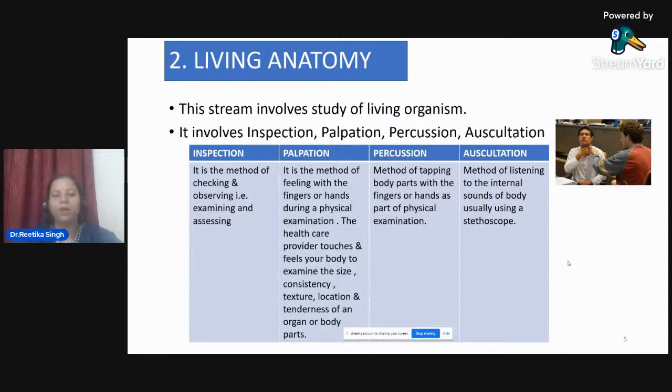We just tap the body part and do the examination. In auscultation, as we have all seen with a stethoscope, the internal sounds of the heart and the lungs are diagnosed or felt by the auscultation process.